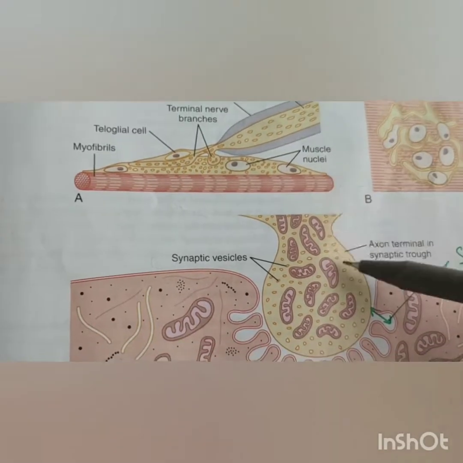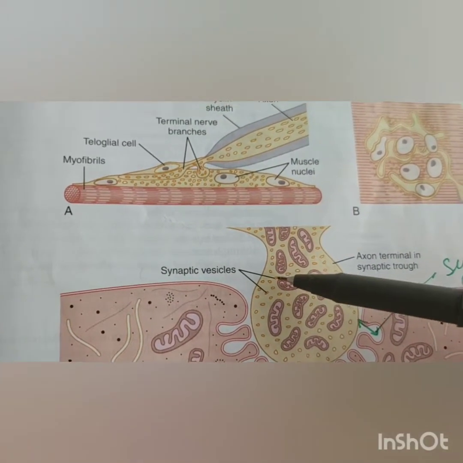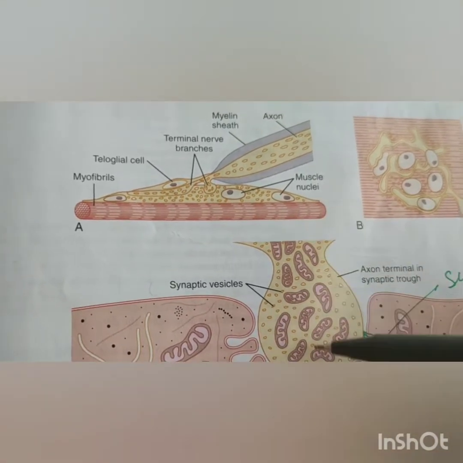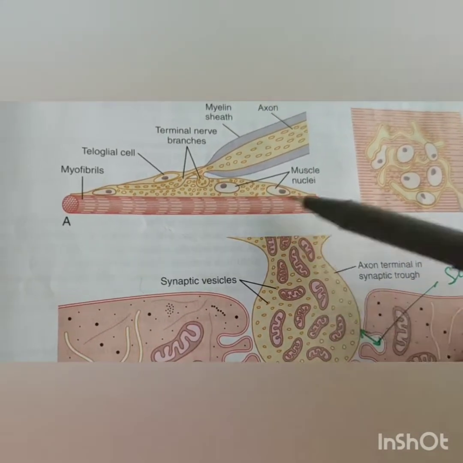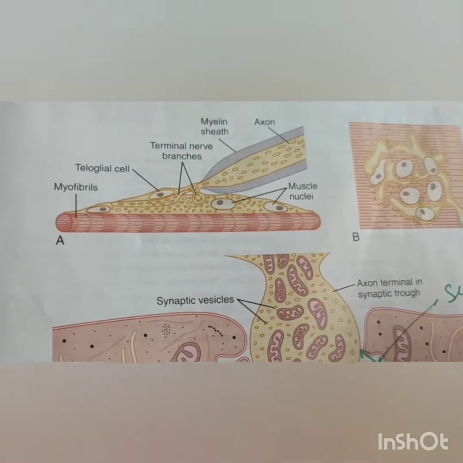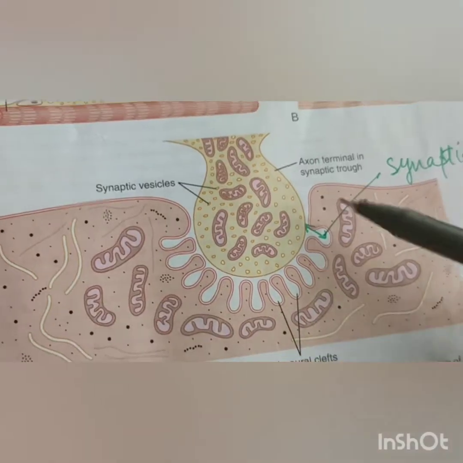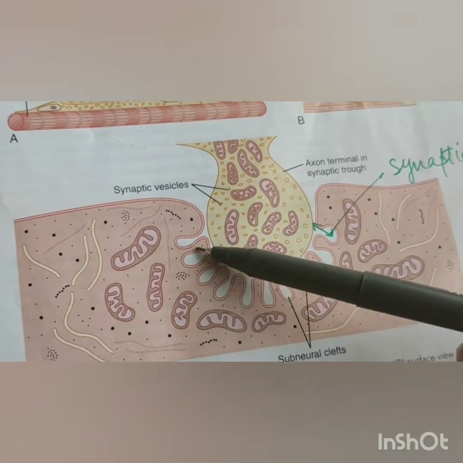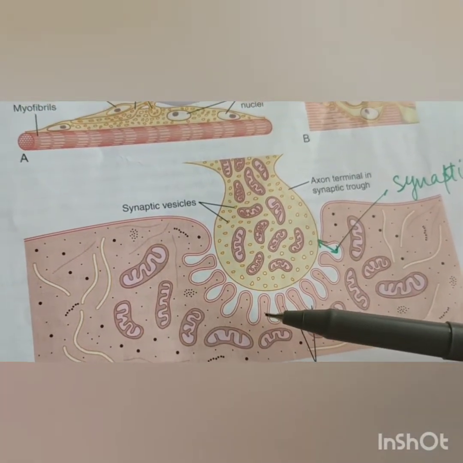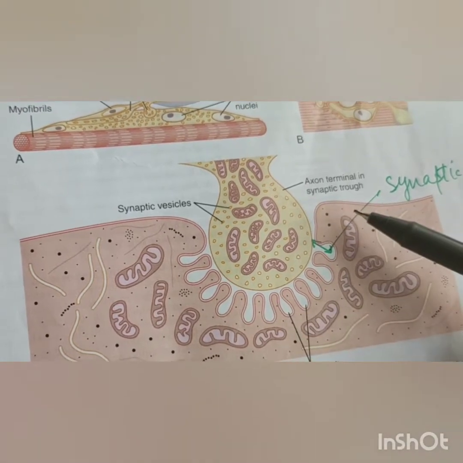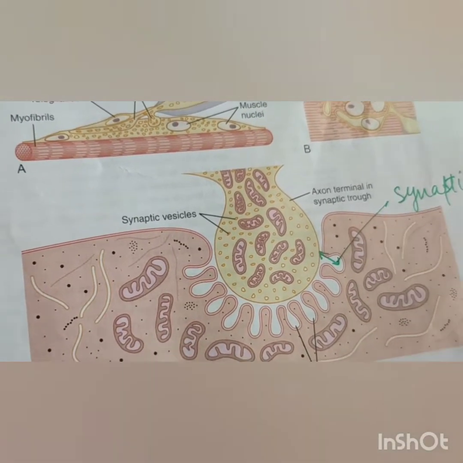In the synaptic cleft, there is an enzyme known as acetylcholinesterase, which breaks down acetylcholine into acetic acid and choline.